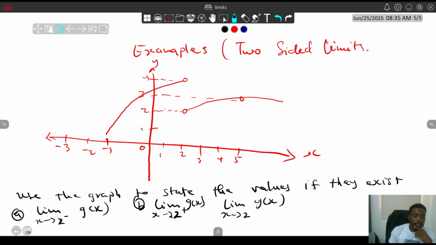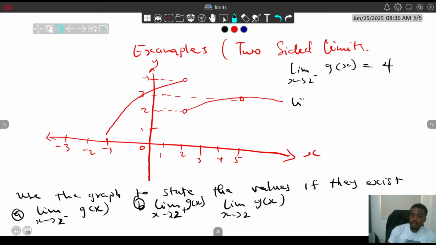Okay, so now let's look at the first part. When we approach 2 from the left, this here is 2. So we come all the way here, and we see that when we approach 2 from the left, the value is actually 4. So the limit as x approaches 2 from the left of g of x is equal to 4.